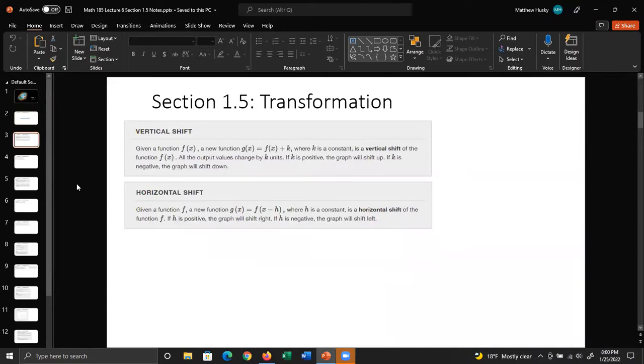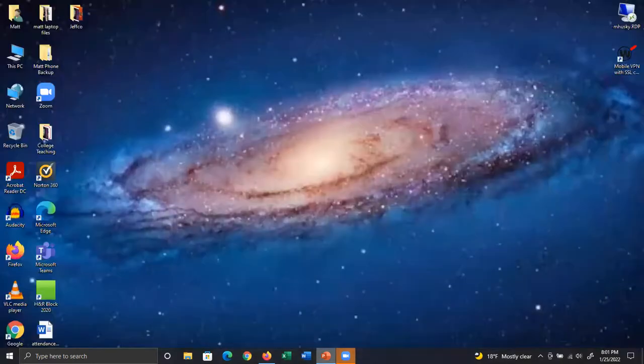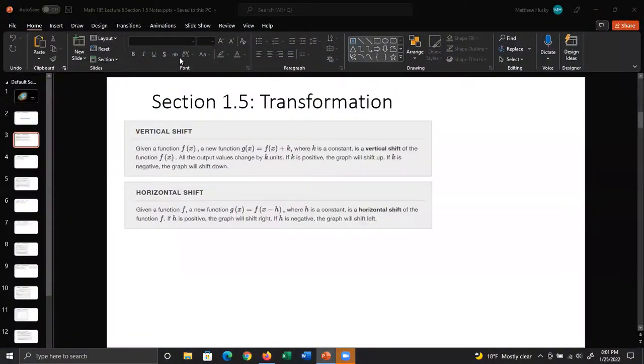All right, so transformations just refers to ways that you can change around the formula and how changing the formula will change the graph of a particular function. So the first thing you can do is you can do vertical shifts or horizontal shifts.